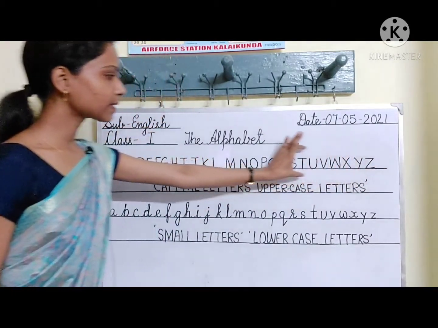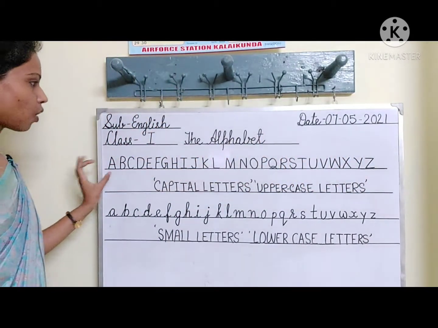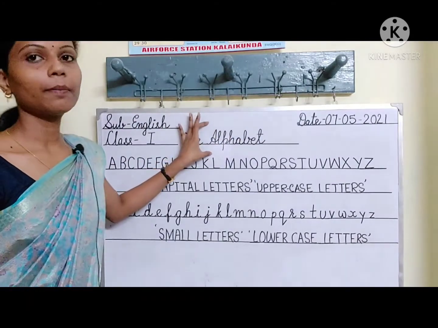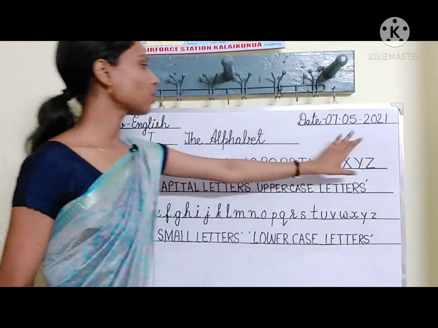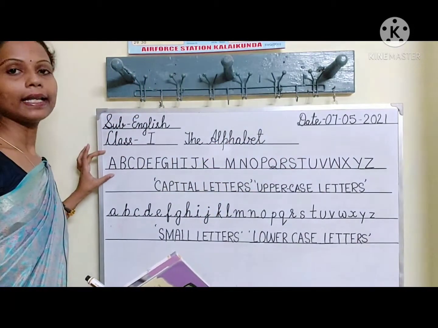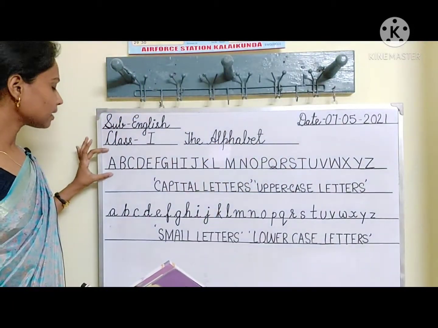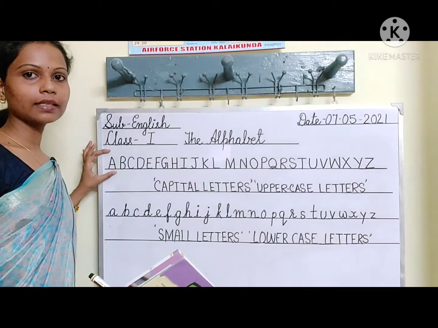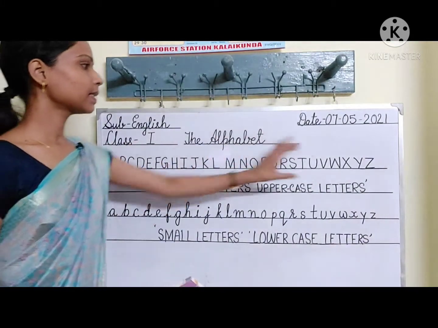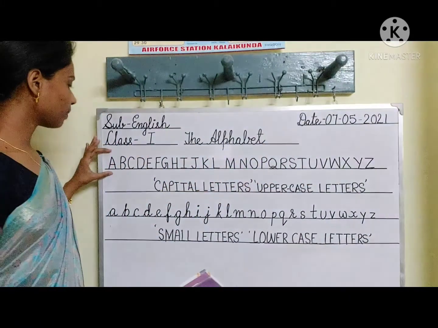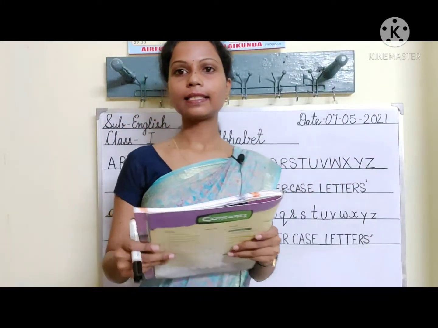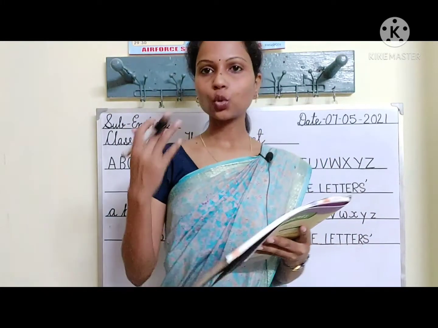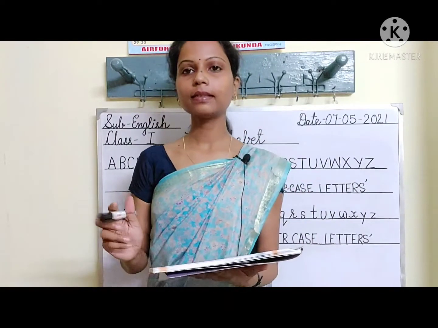So these 26 letters are called the alphabet. What are A to Z called? The English alphabet. And in the English alphabet, how many letters are there? There are 26 letters. If you count from A to Z, there are 26 letters. So we can read the 26 letters.